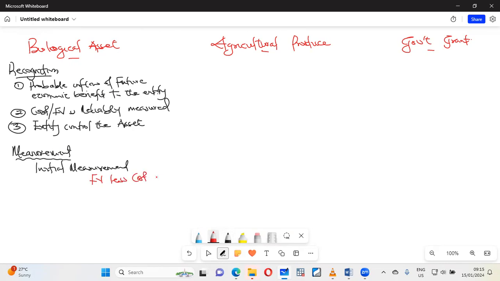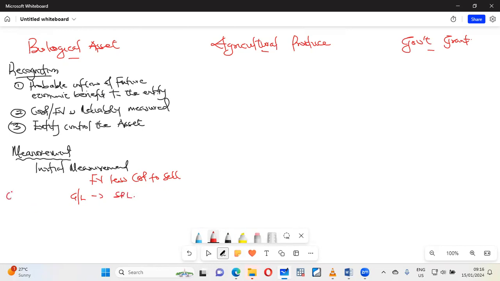What you used to know as net realizable value, right? All right. And if there is a change in the fair value during the period, you will consider the gain or loss on the fair value to what? SPL. All right. So that is that.